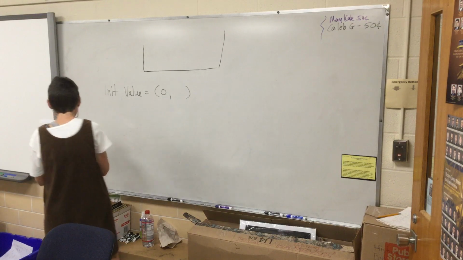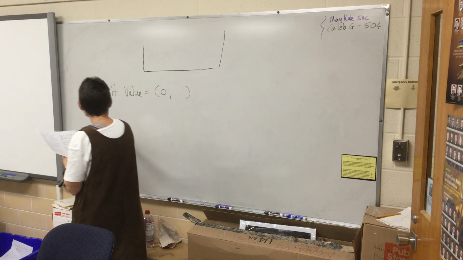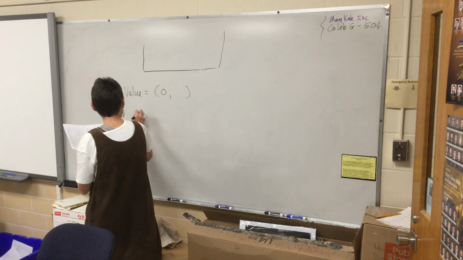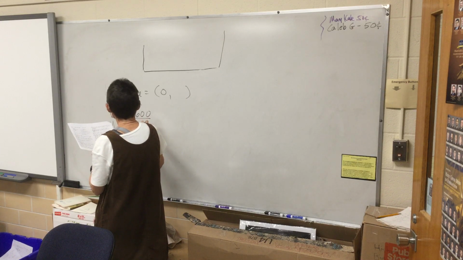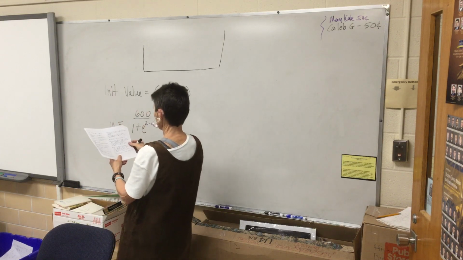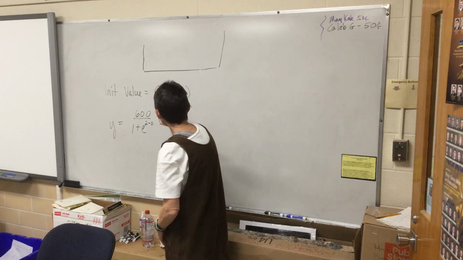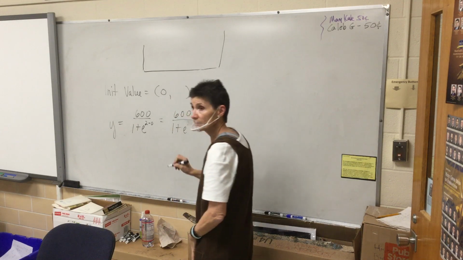So we are to find y, for problem B, if t is 0. So 600 over 1 plus e to the 2 minus t. 2 minus 0. So that's just going to be 600 over 1 plus e squared.